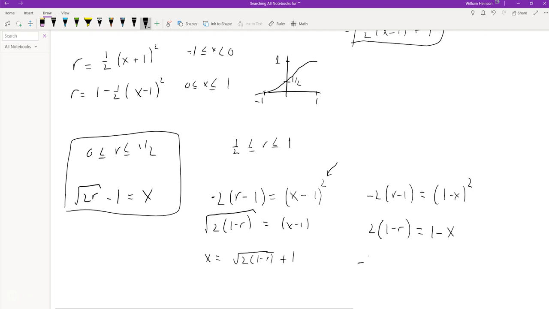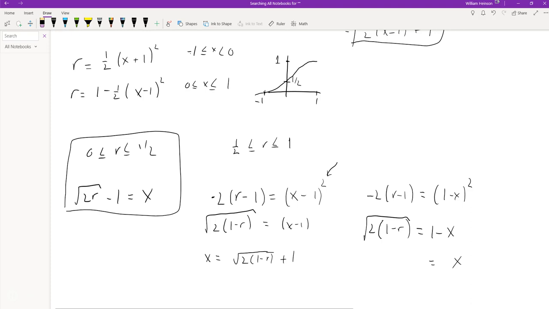So I have negative 1 plus square root of 2 times 1 minus r equals negative x. Let's just erase that. So we need to change the order of these things.